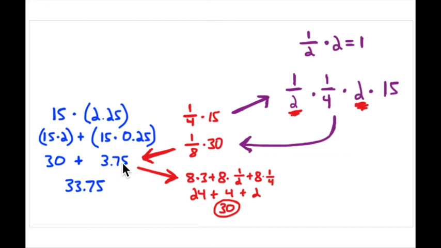So this is like taking 2 quarters plus another 1/4. So 8 times 1/2 plus 8 times 1/4. That is the same as 8 times 3/4, or 8 times 75/100. So 8 times 3 is 24. 8 times 1/2 is 4. And 8 times 1/4 is 2. And you add those together, 24 plus 4 plus 2 is equal to 30.